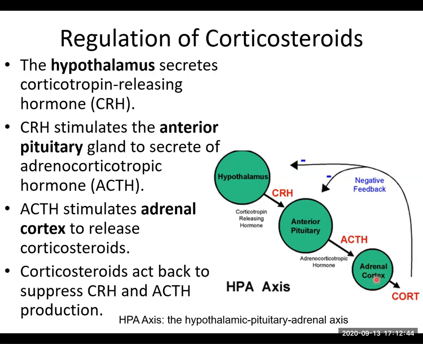The adrenal cortex then produces the corticosteroids, and sends a negative feedback to the hypothalamus and anterior pituitary gland to let them know that we have too much. And that way we can keep our body's hormone level constant.